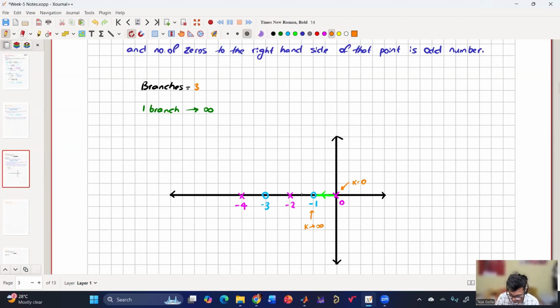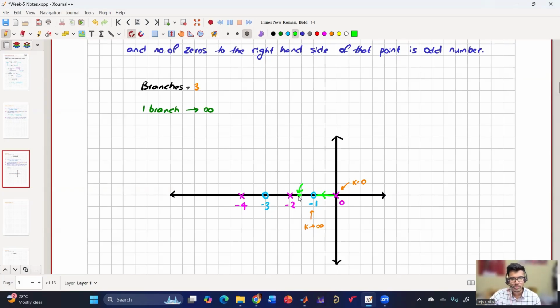If I consider any point here, how many poles and zeros are there on the right side of this point? Are you getting my question?